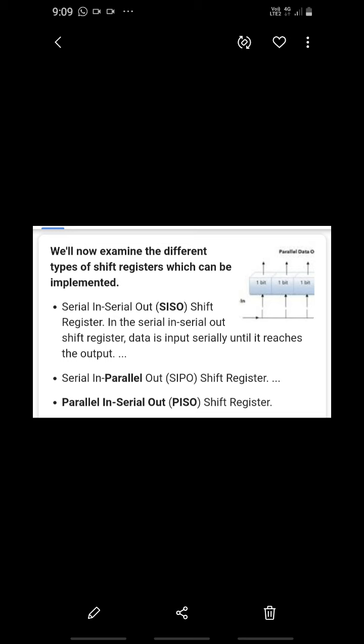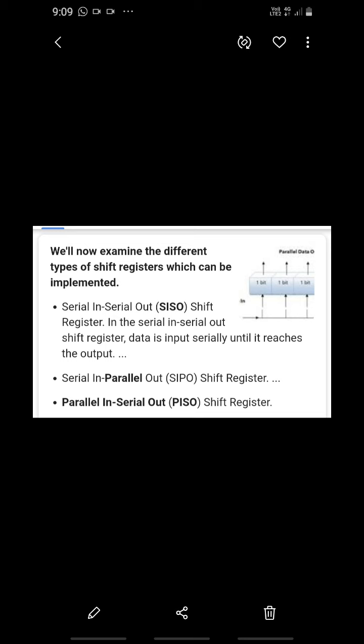Next, serial in, parallel out shift register. In this case, all the bits are loaded in bit by bit and shifted out simultaneously. That is, at a time, all the data bits are taken out.